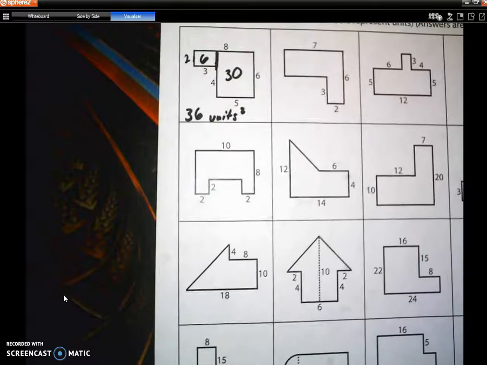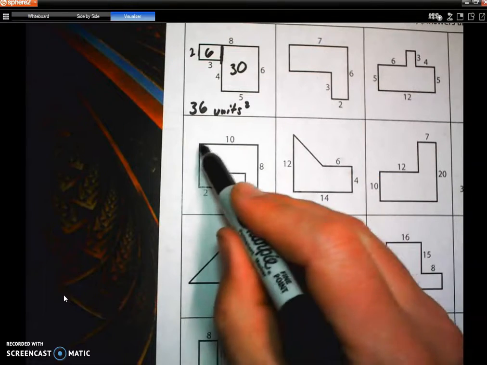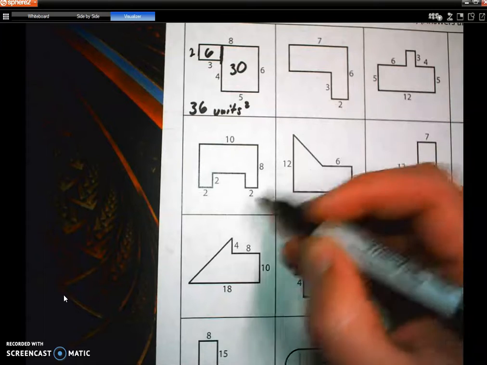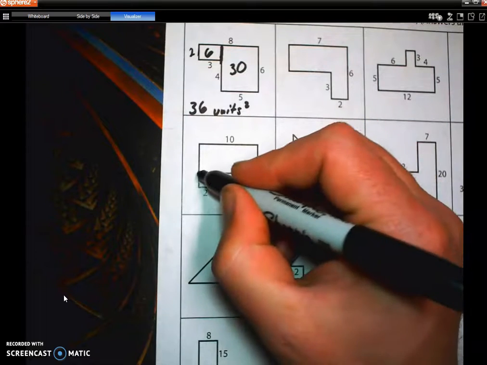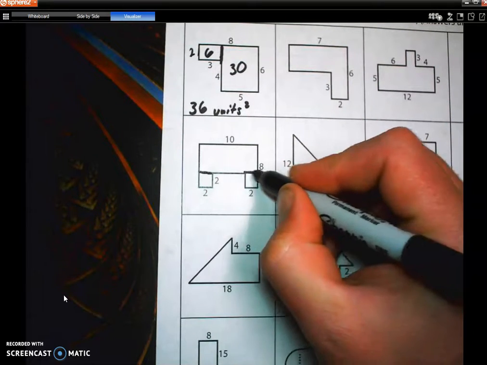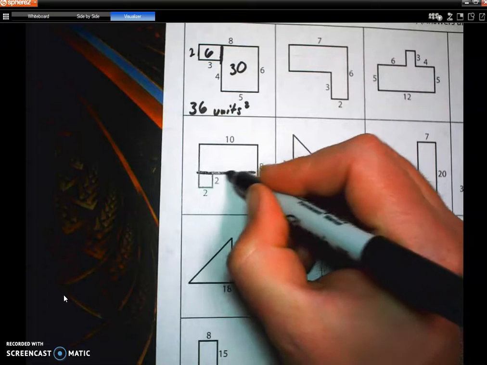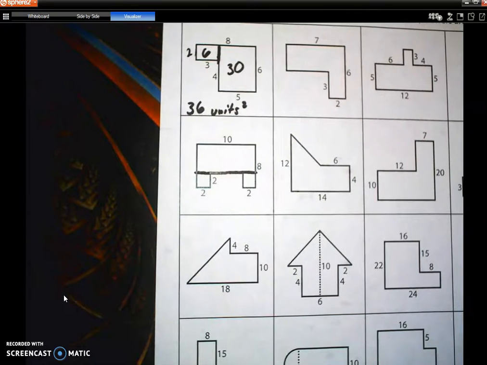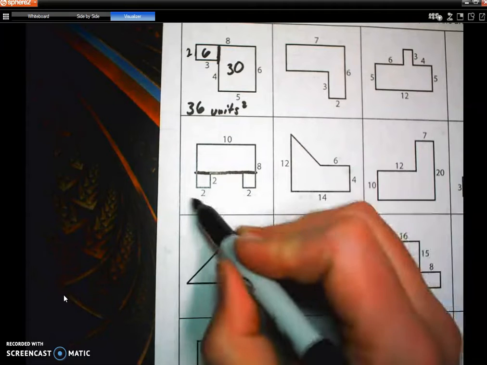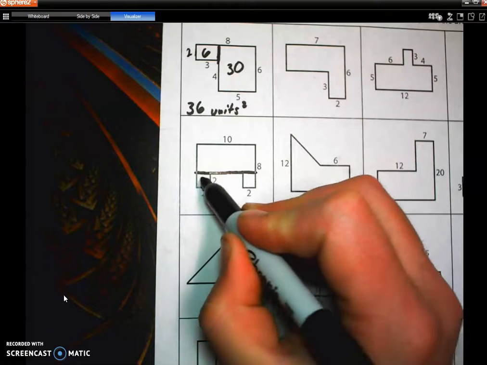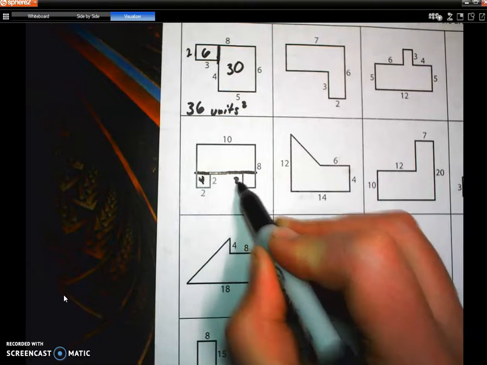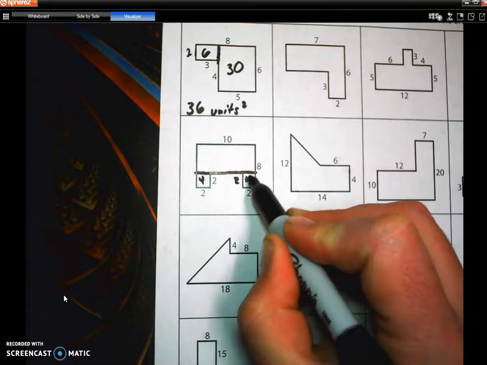Let's do this one down here. Right off the bat, I can see two different shapes. If I go like this, I can see two little squares on the bottom and one big rectangle on the top. So now I just have to find my missing side lengths. For example, this is 2 by 2, which makes this 4. And if that's 2 by 2, then this is also 2 by 2, making that 4.